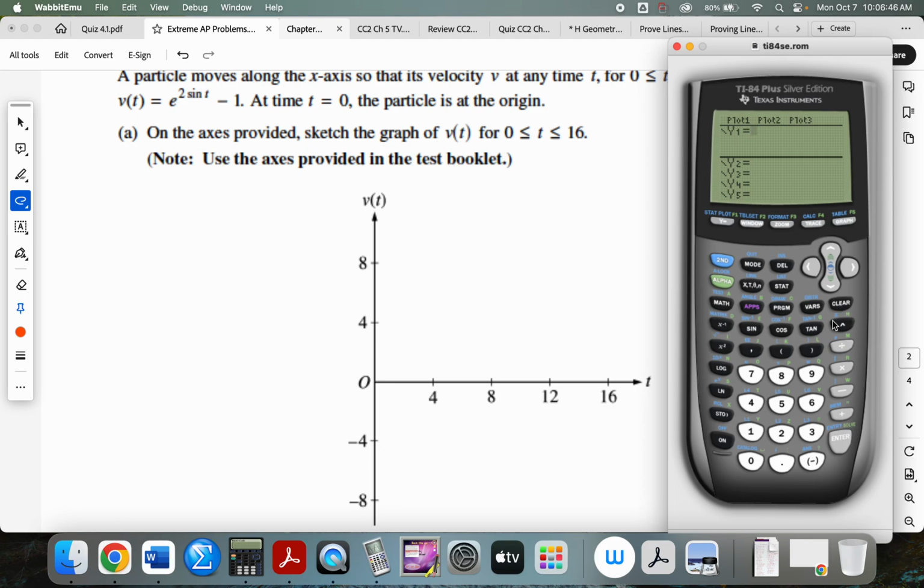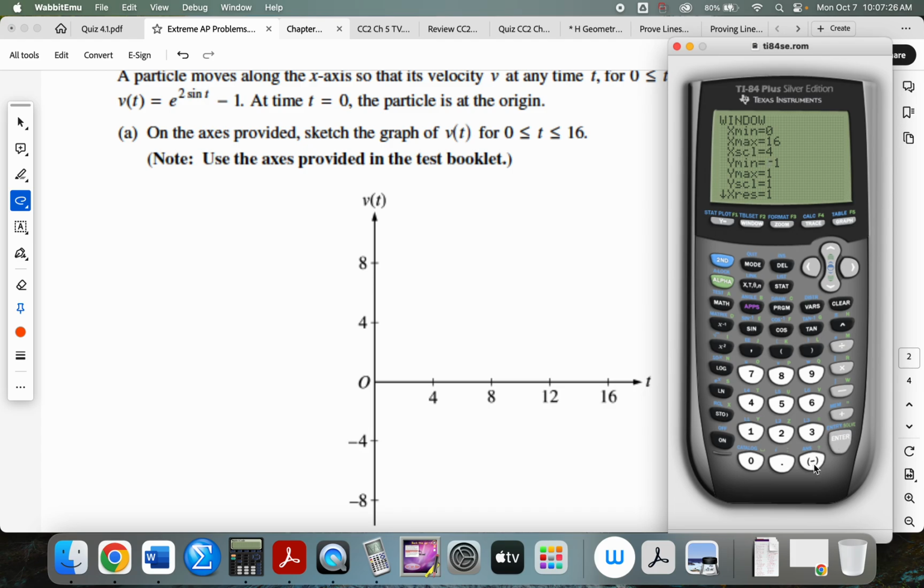So clear that stuff out. So we want e to the 2 sine t, all minus 1. And I want to do it on a window where this goes from 0 to 16. And heck, I'll even make it go by 4s.